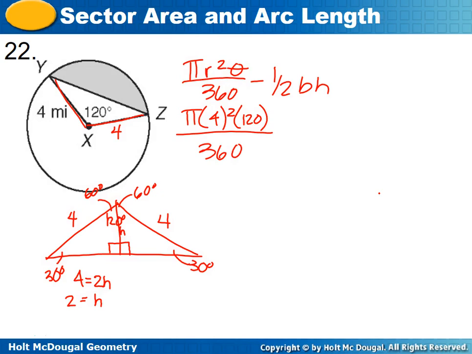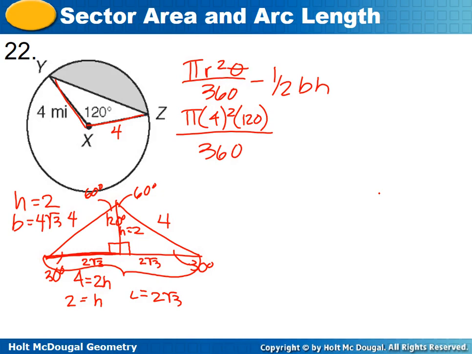Then we know that our long leg down here, across right there, is going to be the short leg, which was 2, times the square root of 3, right? So that means this is 2 square root of 3 here, and this is 2 square root of 3 here. So to get the whole base, though, remember, we got to add those two together. Well, 2 plus 2 is 4. So our base, our height was, if you remember over here, 2. And our base is going to be 4 square root of 3.